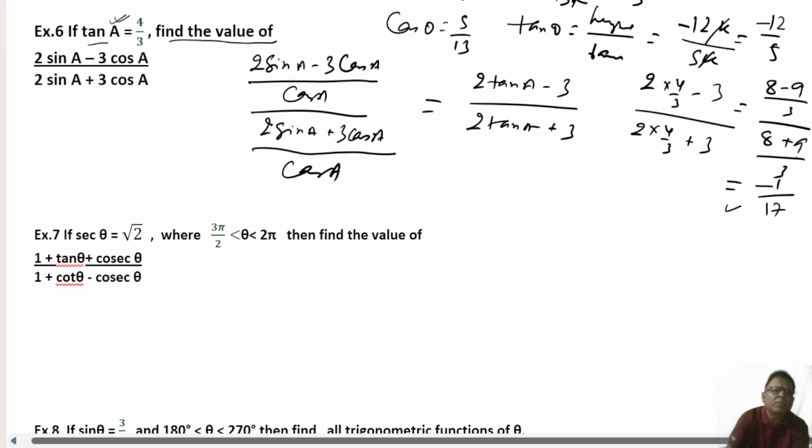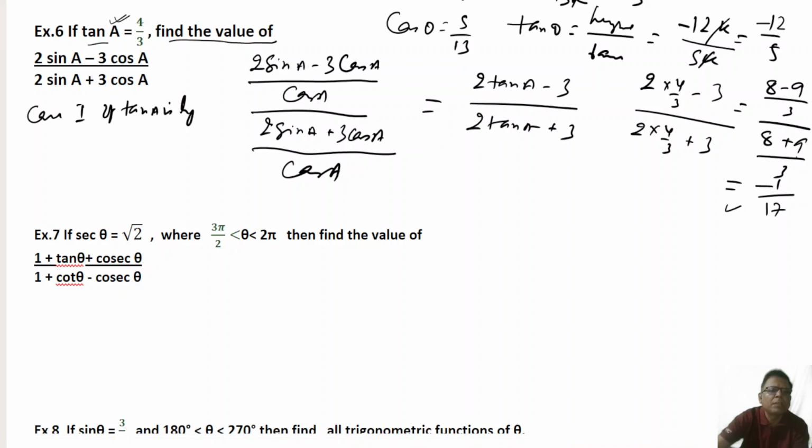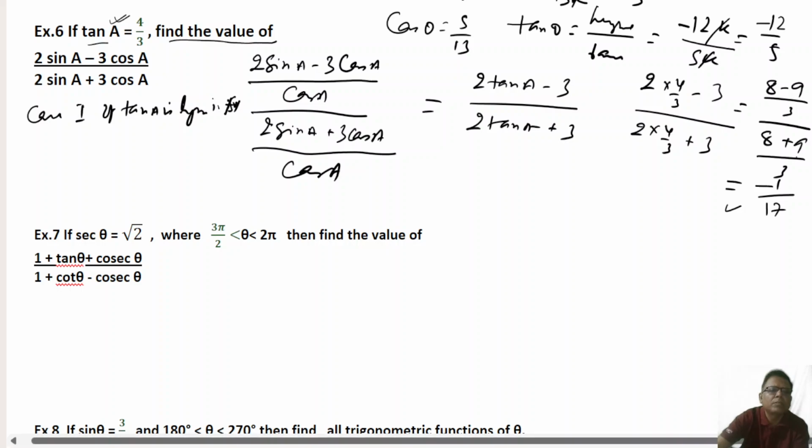Here you are not able to decide whether this will be positive or negative. So you can take case by case, and that also you can solve. Case 1, if A is lying in the first quadrant, then you take all positive. This one, base 4k and height 3k, is positive.